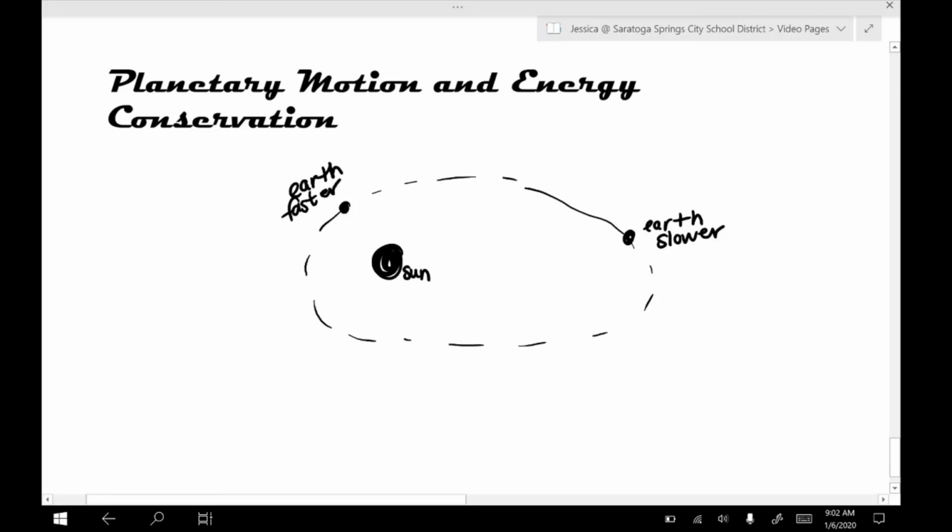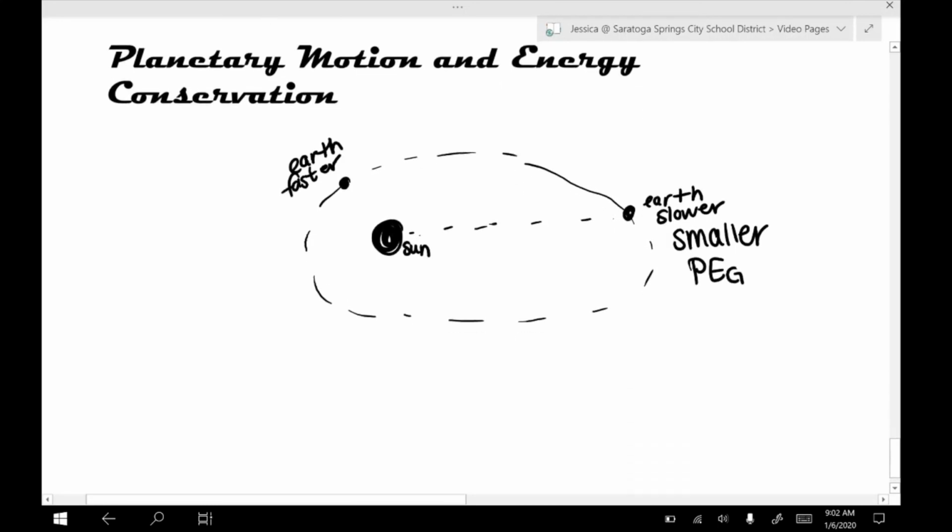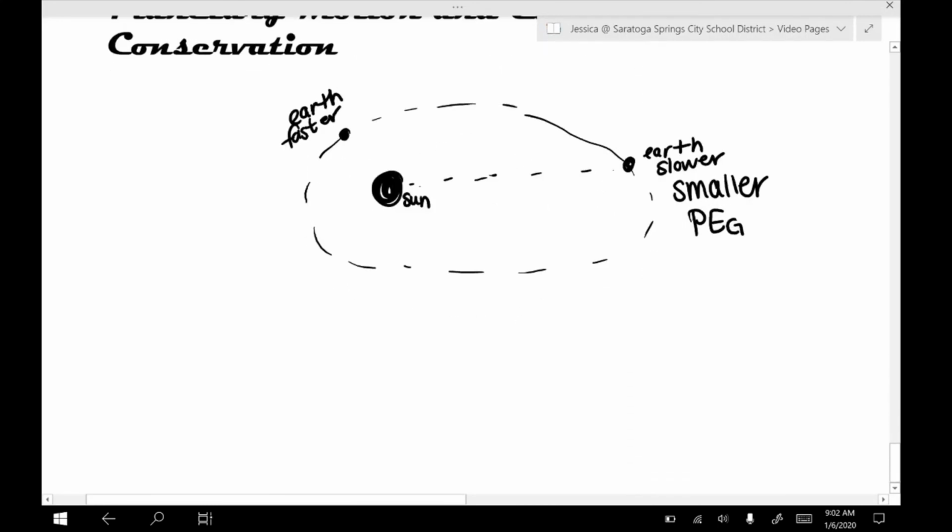The reason why is because the farther we are from the sun, the smaller gravitational potential energy we have, right? Because if we increase that R, then we are decreasing PEG. Whereas when we are closer to the sun, we have less PEG. Energy has to be conserved.